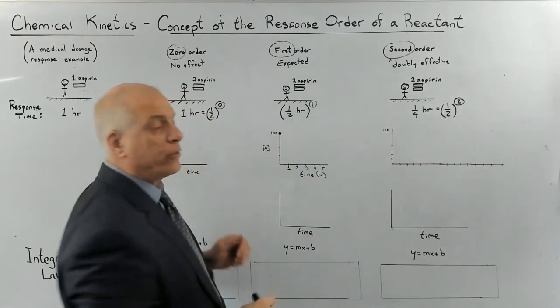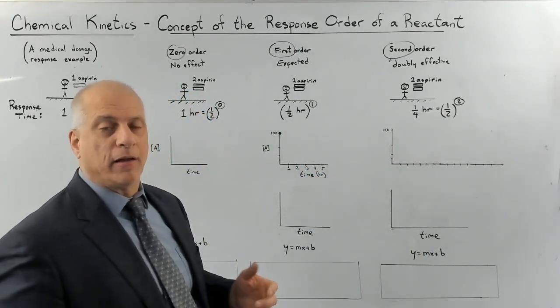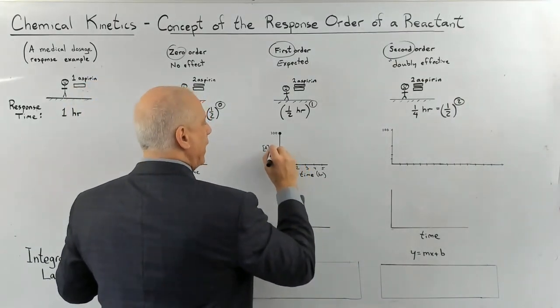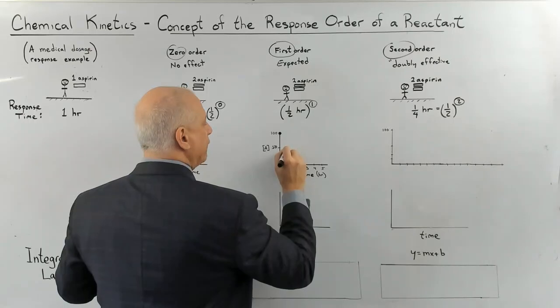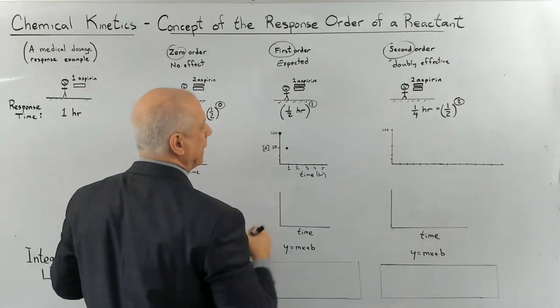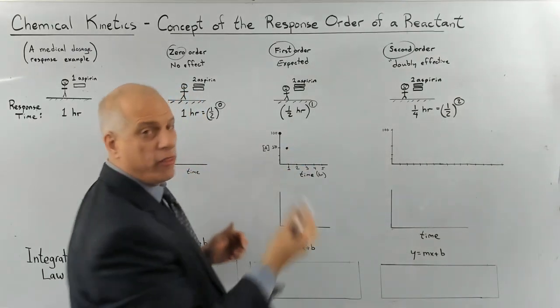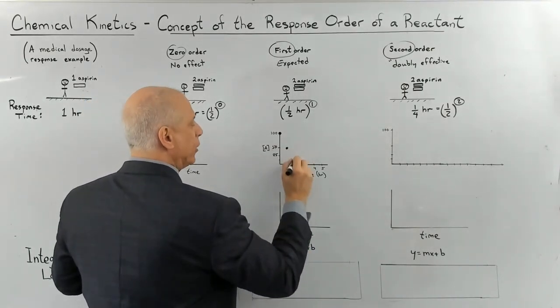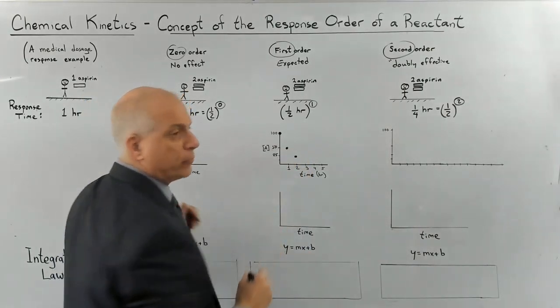Well, if we start off with 100%, and then let's say the half-life is 1 hour, then after 1 hour we would have 50% remaining. And then after another hour, we would have half of that half, or 25% remaining.